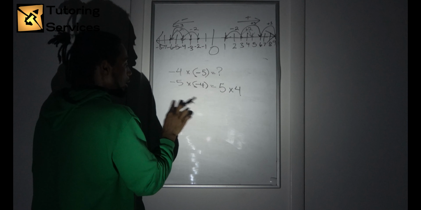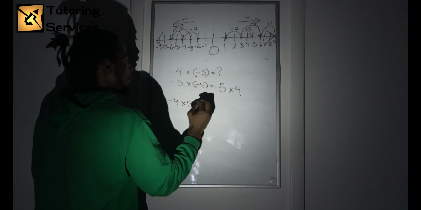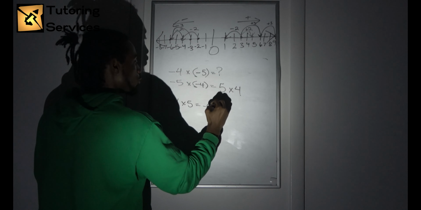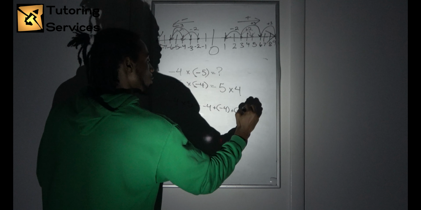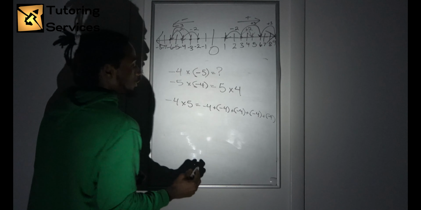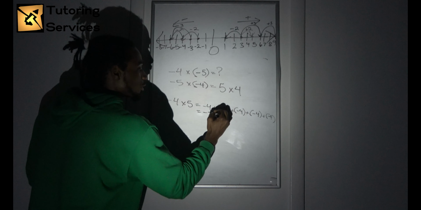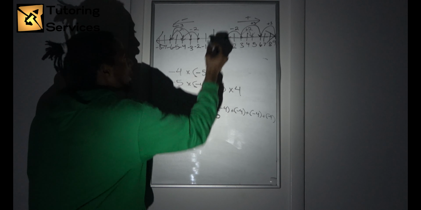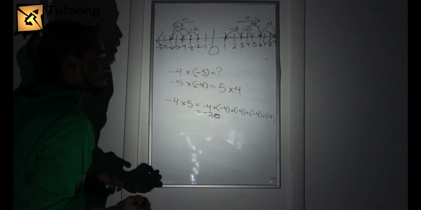If this was -4 times 5, this would be -4 plus -4 plus -4 plus -4 plus -4. And for this, that'll be -20, right? You can keep adding to it, 1, 2, 3, 4, and you'll get to -20.